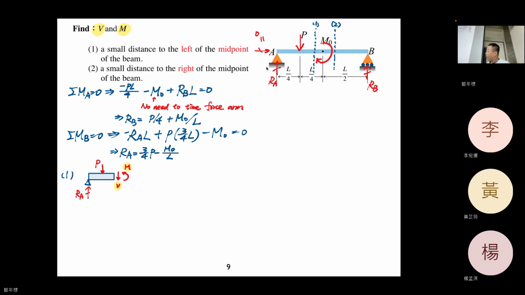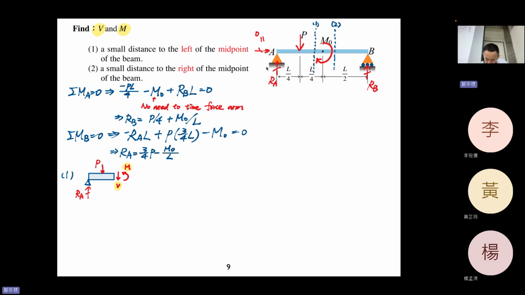Of course, this V is this one, and this M is this one. We are going to check this position. What is the shear and moment value in this position?